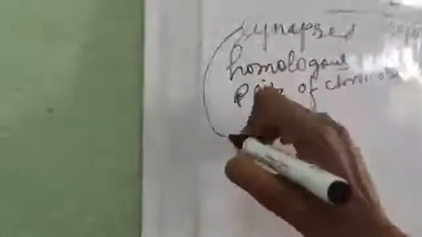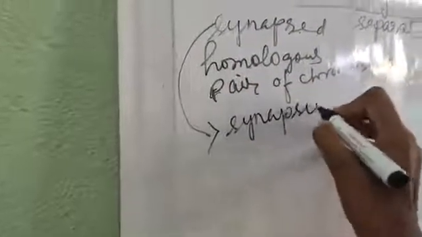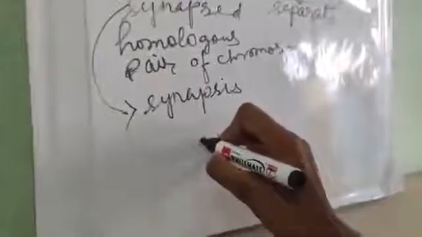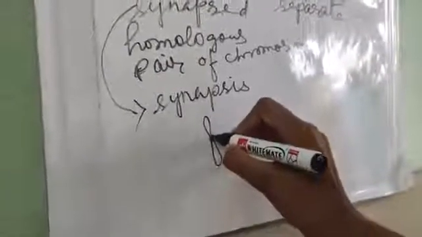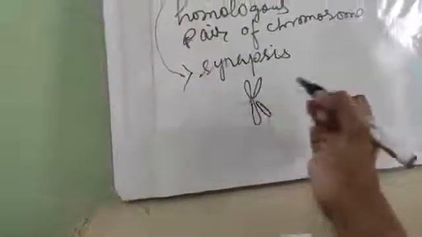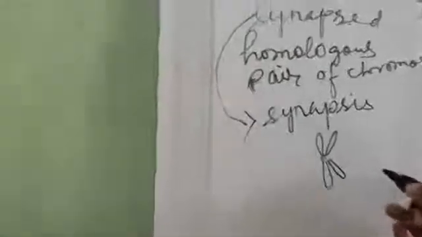What do you mean by synapsed? It comes from the word synapsis. What is synapsis? During meiosis or mitosis, we have seen that these two chromosomes attached by the centromere form this type of structure, right?